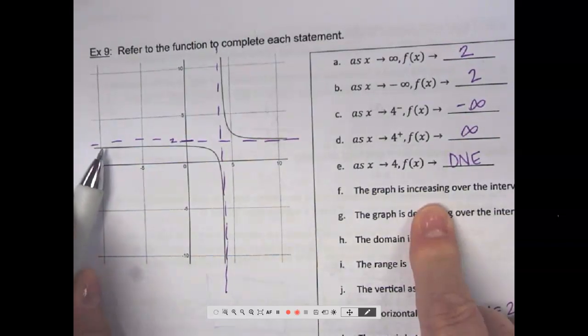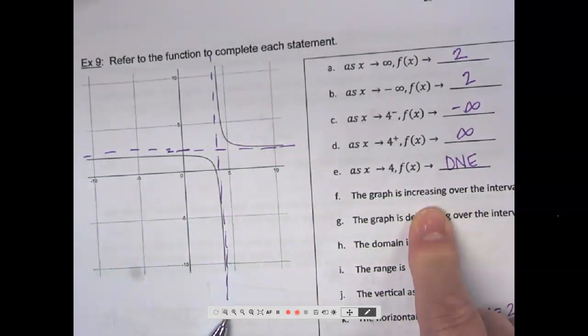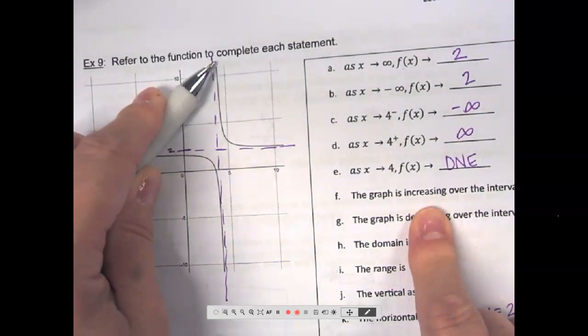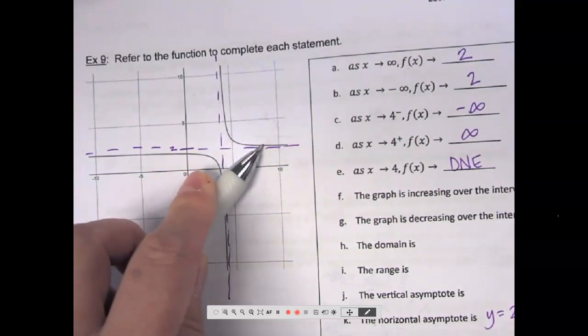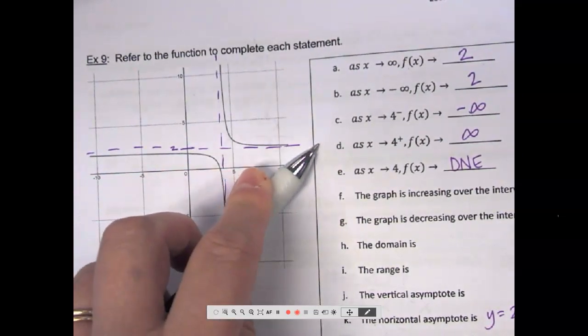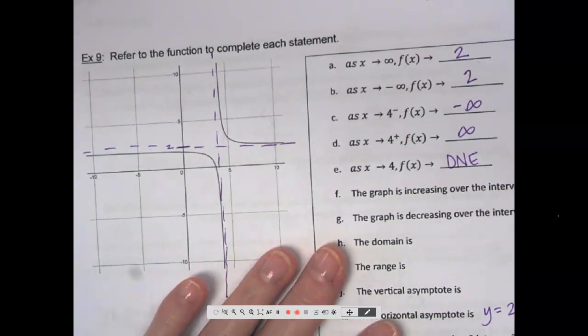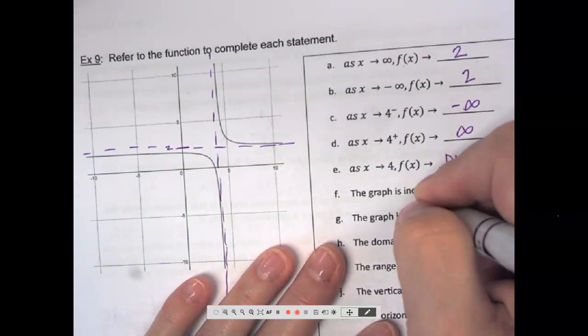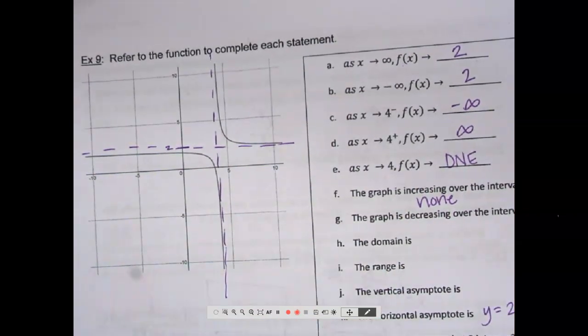This is gradually getting lower, lower, lower, lower, quickly getting lower. Okay, then we start here. Remember, we're moving left to right. Downhill, downhill, downhill, slowly downhill forever. So I'm never increasing. I'm never going uphill. Okay, so the graph is increasing over the intervals. None. It's never increasing.